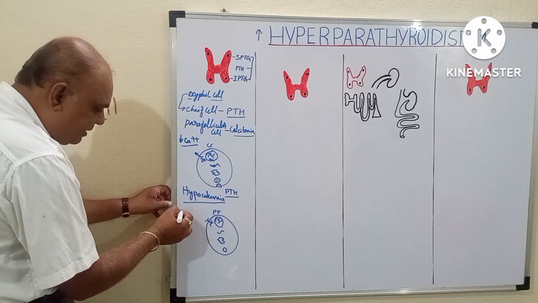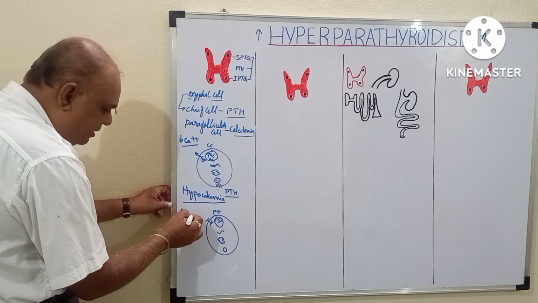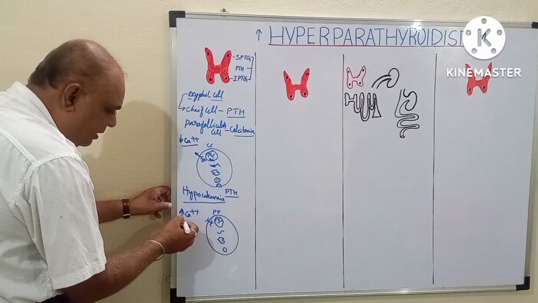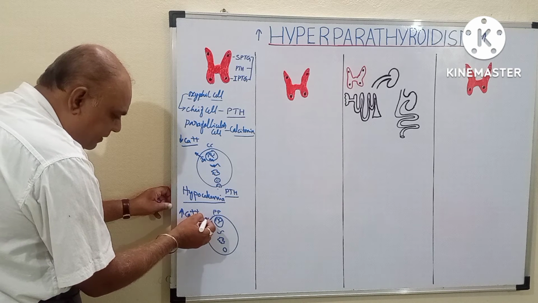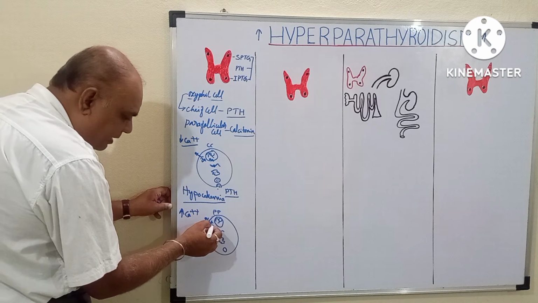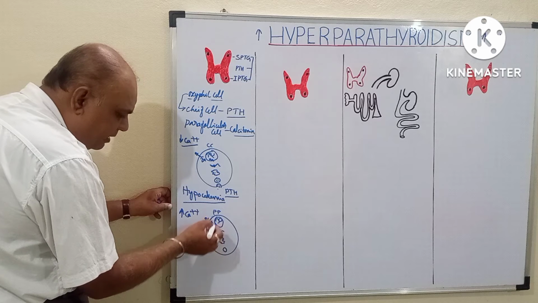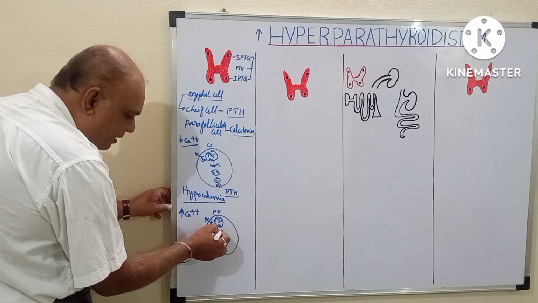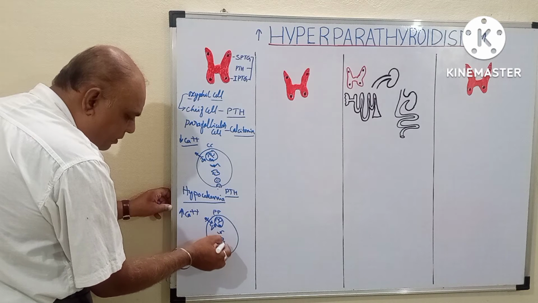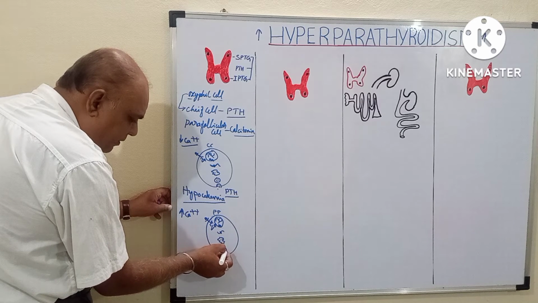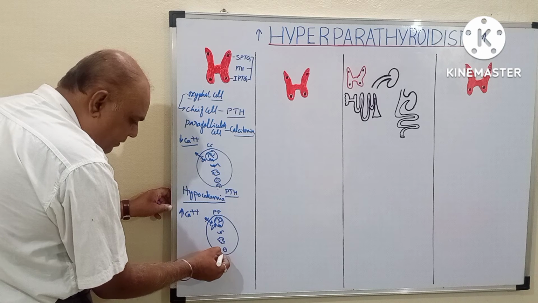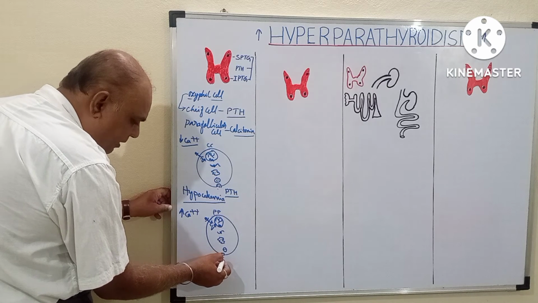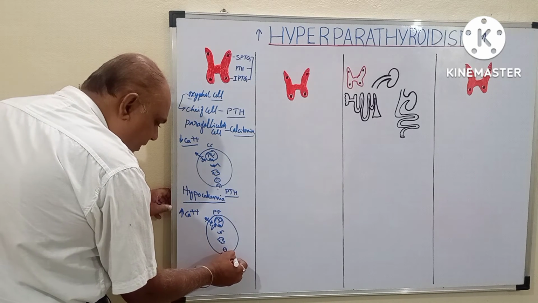Whenever there is a high calcium level in our blood circulation, this calcium binds with the calcium sensitive receptor and stimulates the intracellular process from DNA to mRNA, then ribosome, then Golgi, then vesicle, and from the vesicle to the blood circulation in the form of calcitonin.